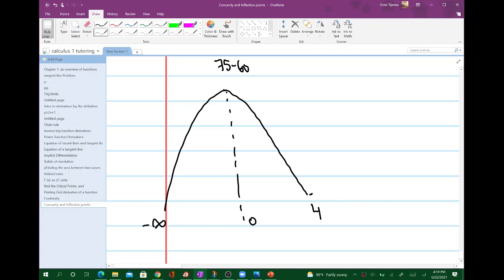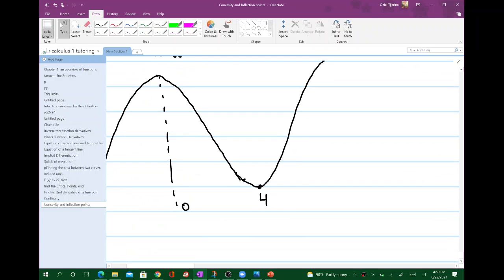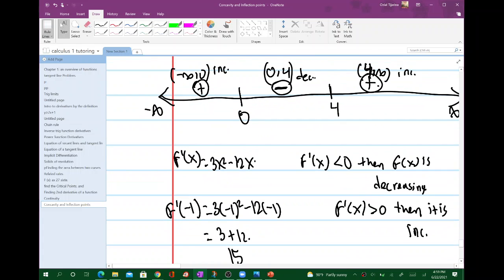Basically like this, and then it's increasing again from 4 to infinity, right?